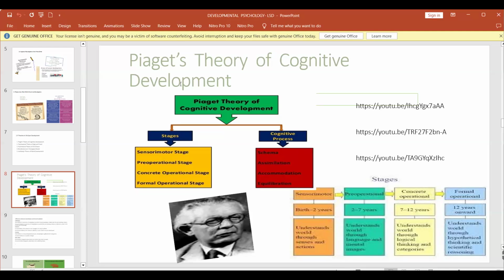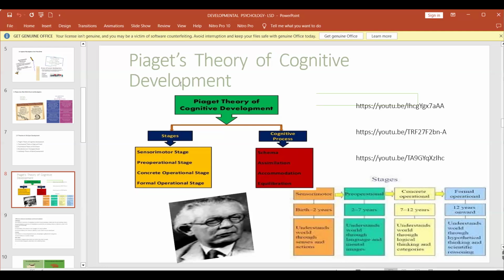Then the cognitive process, with terms coined by Piaget himself: schema, assimilation, accommodation, and equilibration. And the third component, stages of cognitive development: sensory motor stage, pre-operational stage, concrete operational stage, and formal operational stage.